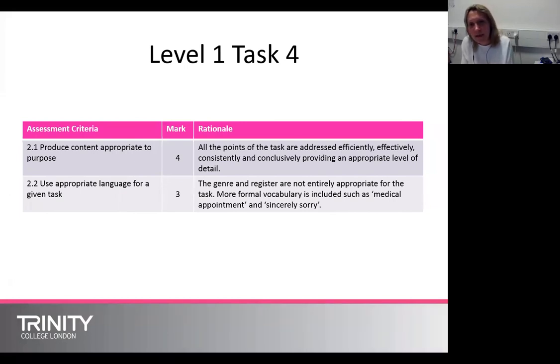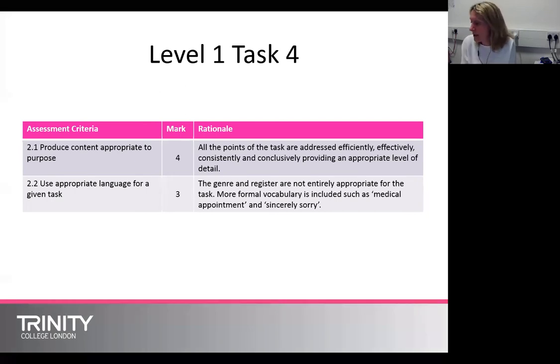Now in here, produce content appropriate to purpose. I sometimes get asked whether the length, the word count matters, and where it comes up. Now, in this task, the candidates are advised to write about 80 words.